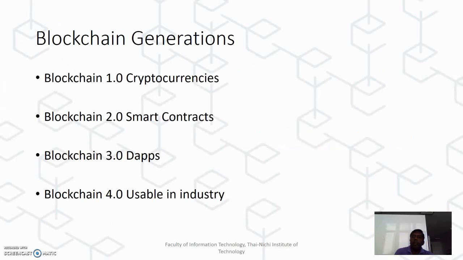So blockchain 4.0 is the current generation of blockchain. We are all in 4.0, and it is still advancing with many kinds of combinations of cryptocurrencies and various other consensus mechanisms, and also combining these with smart contracts.